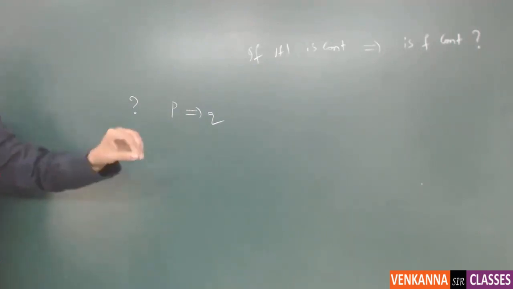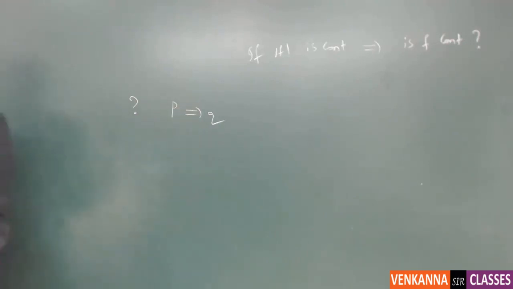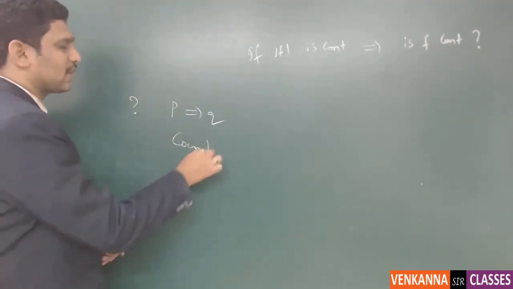So by starting with an assumption, you should go through a procedure, right? If you don't know how to proceed, then what to do? In such cases, we prove this by means of a counter example.